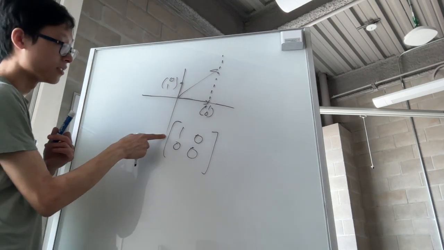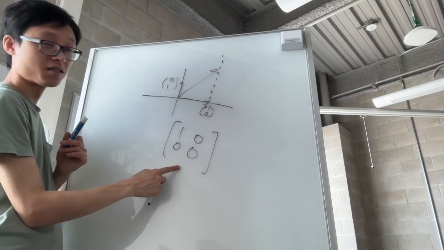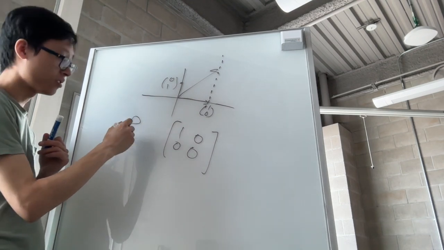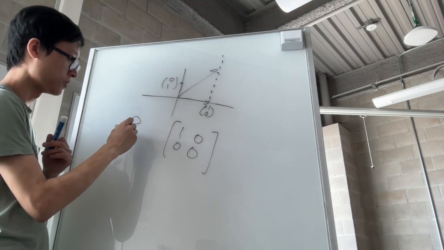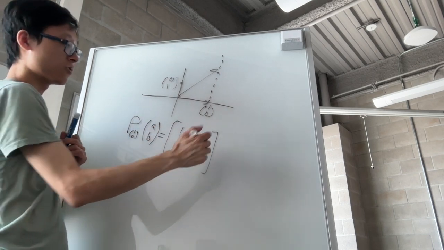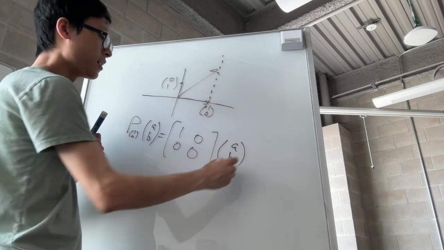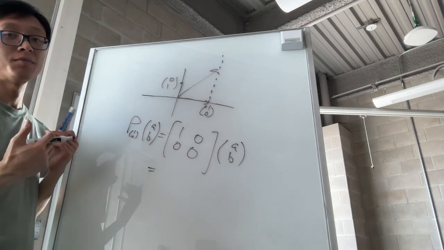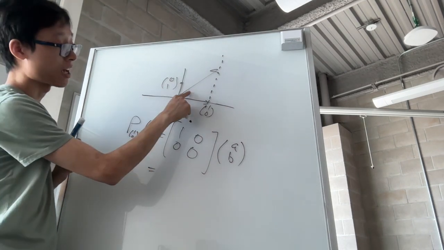And there it is. This is the matrix for projection onto the x-axis. We can call it P, for projection onto the x-axis, which is 1, 0, 0, 0. Applied to a general vector a, b, it can be this matrix times a, b. We expect it to just extract the x component, and the y component becomes nothing.